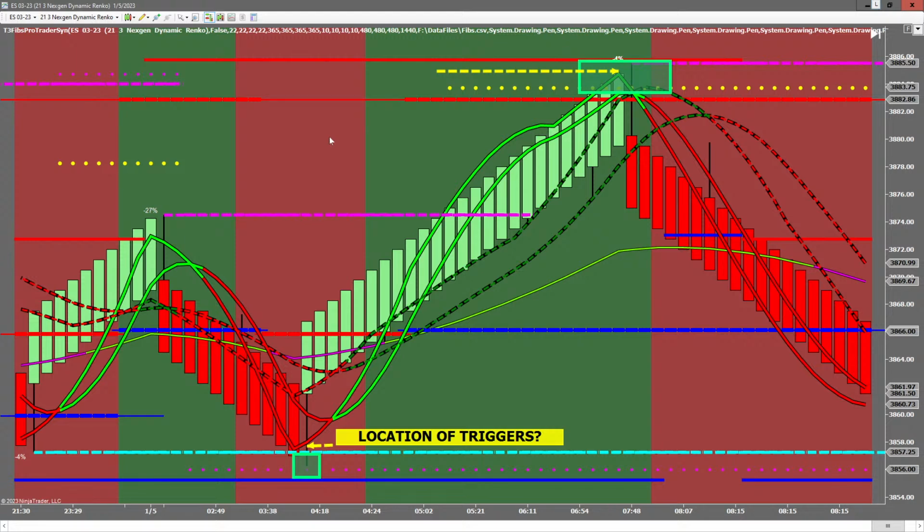The guy that taught me Fibonacci learned from a lot of Robert Miner's work. And it's just a function of layering things together until you have a confluence of lines that all say the same thing.